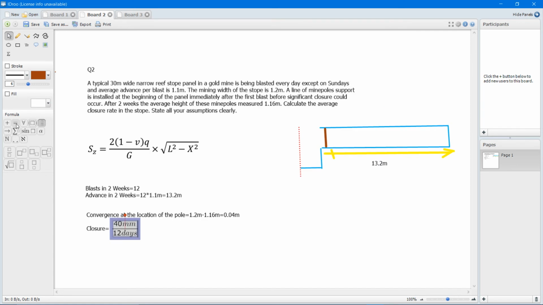Yep. That should be equal to 3.33 millimeters per day.